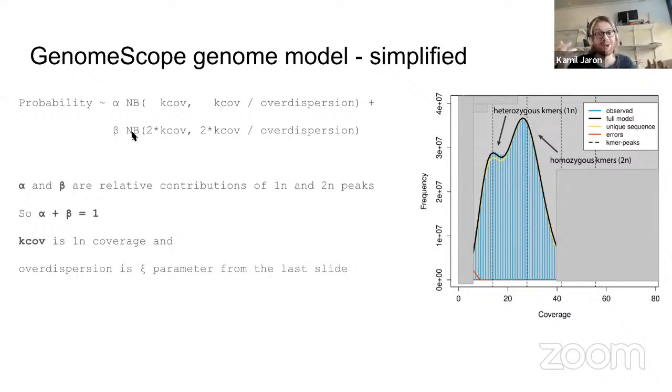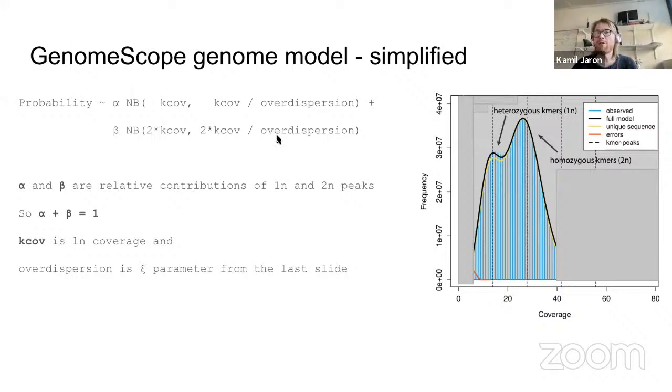Now, genomes are stoichiometrically accurate. If something is in the genome twice rather than once, it will have twice as high coverage. So the second peak can be modeled as twice as high coverage as the first peak. Notice that this is one parameter only, a complex model, but with a single parameter.